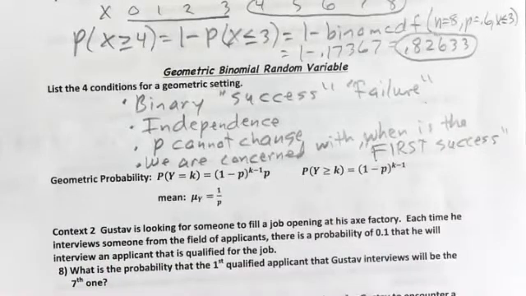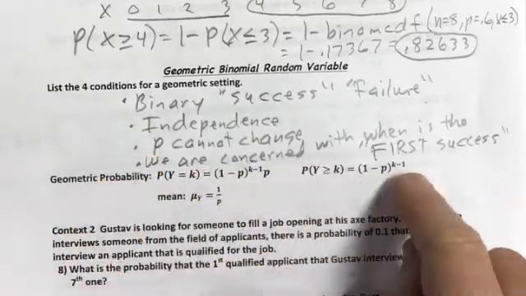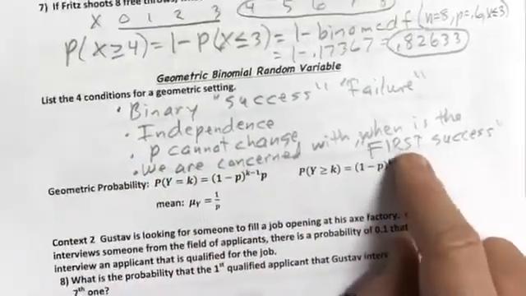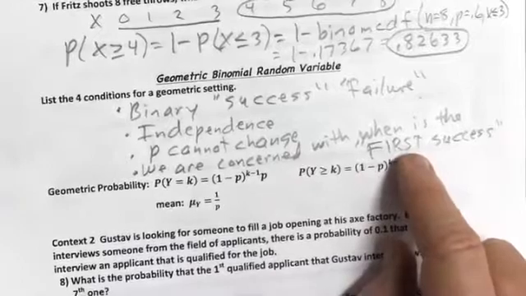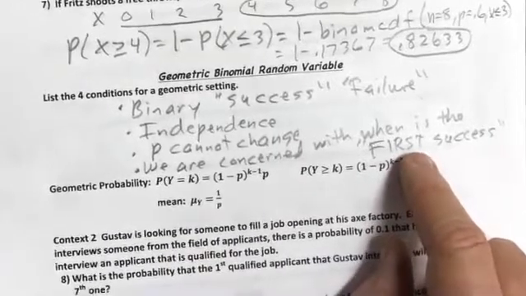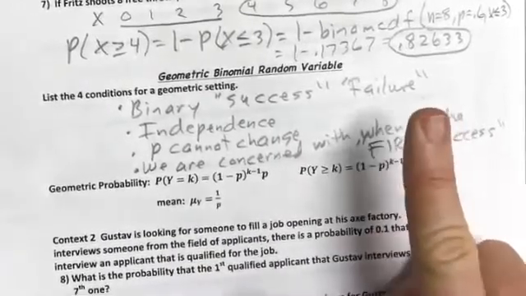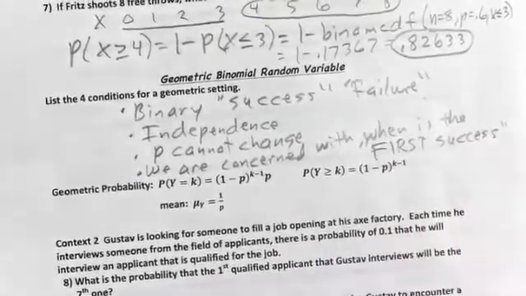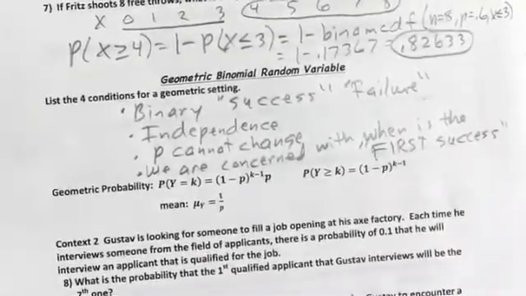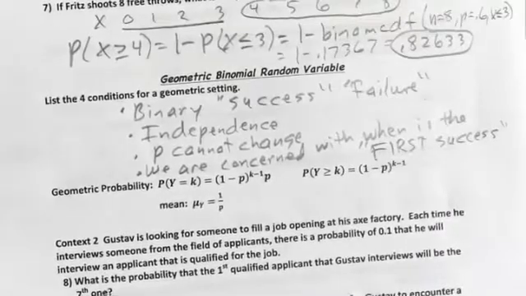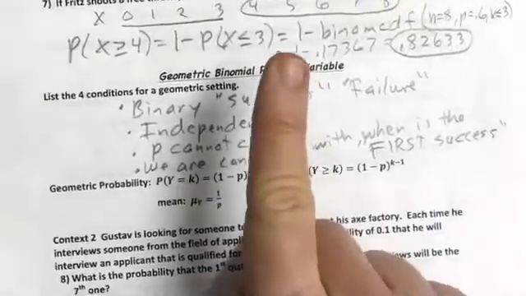In binomial, we're saying, well, if we have 5 trials, what's the probability of 3 successes, that sort of thing. But in a geometric situation, it'll say, when is your first success? So it could be something like you're trying to find someone to do a job for you. You don't need 3 people, you just need 1 person to do it. Or you're trying to find someone to go to homecoming with. It's not like, well, if I ask 10 people, what's the probability 3 are going to say yes. No, you just need, when is that first success?